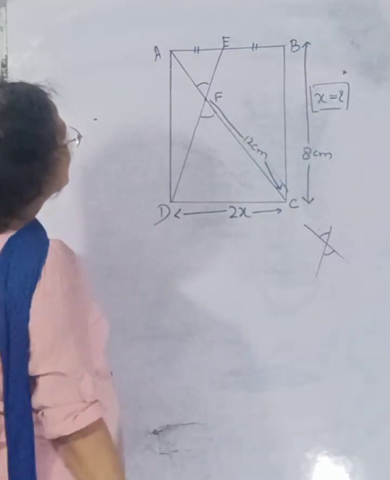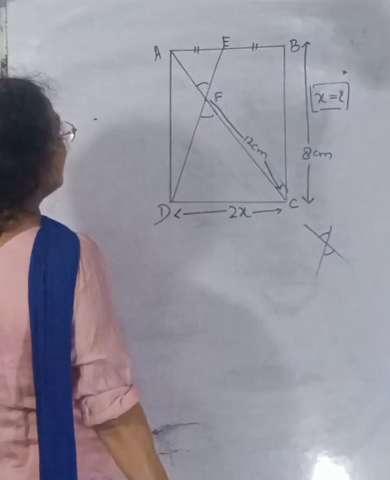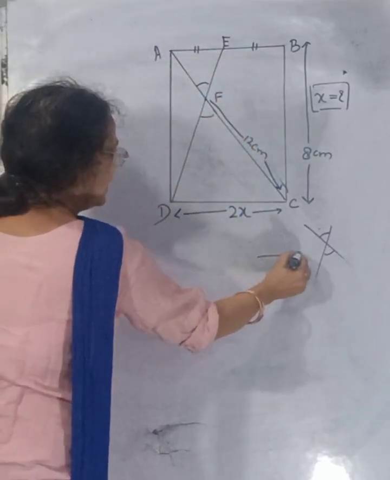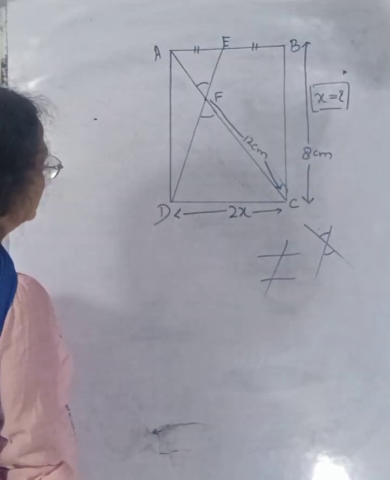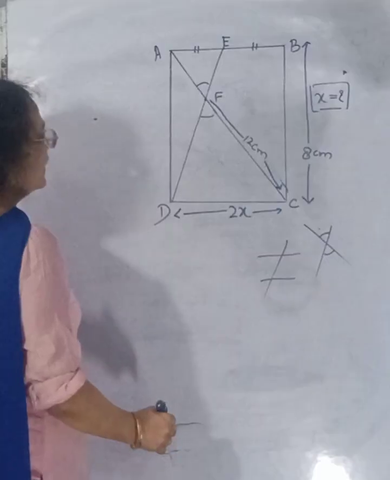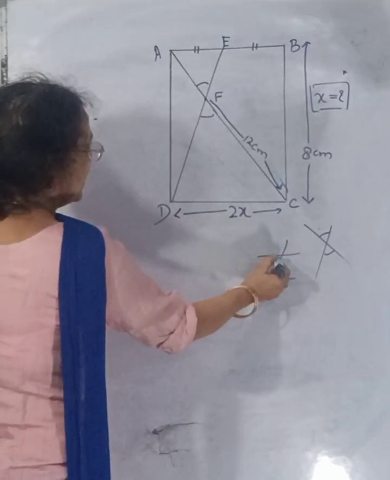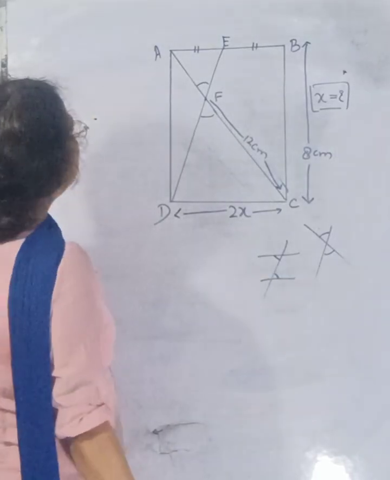Correct? Except this, because when two parallel lines are crossed by a line, this angle will be equal to this angle. This is also the theory.